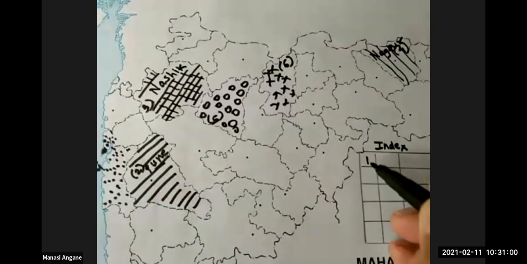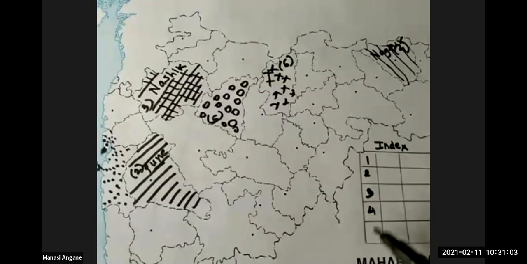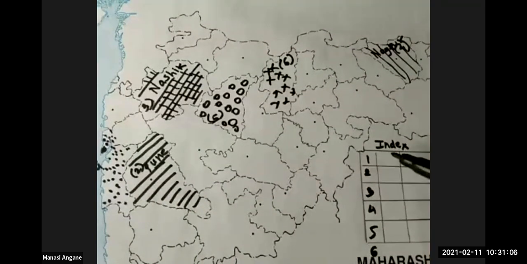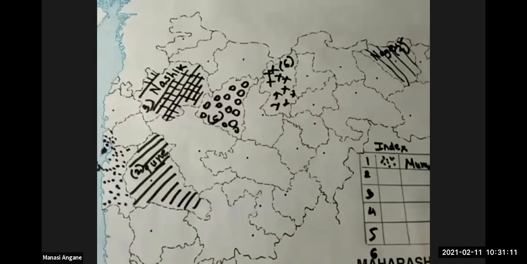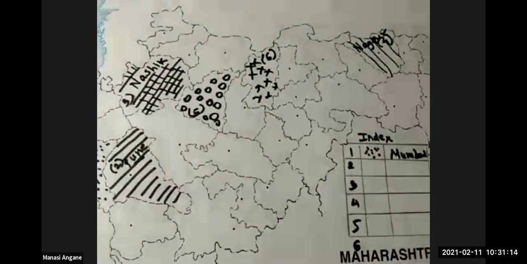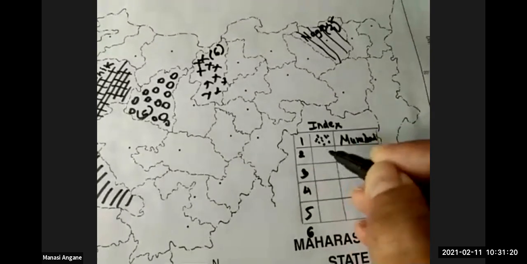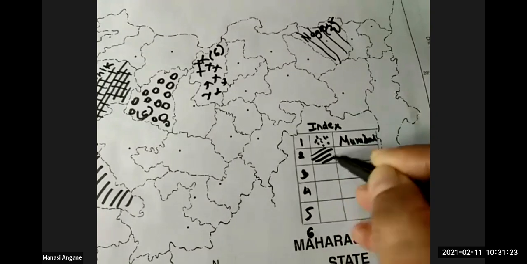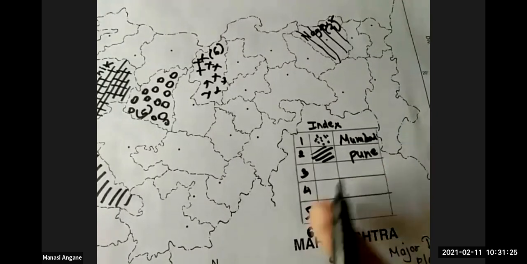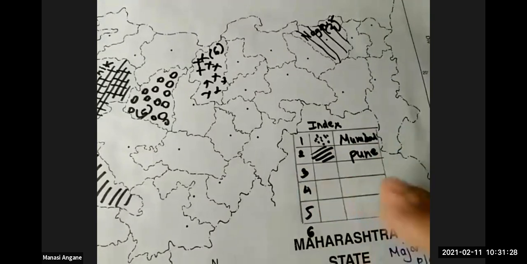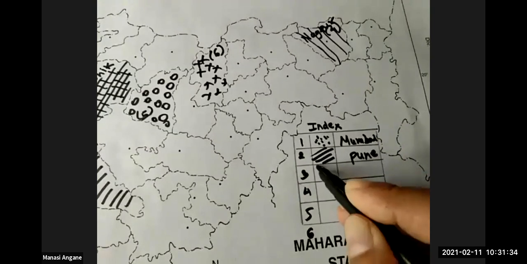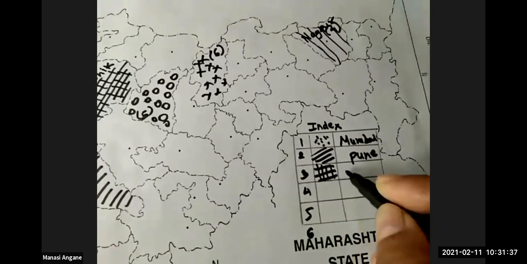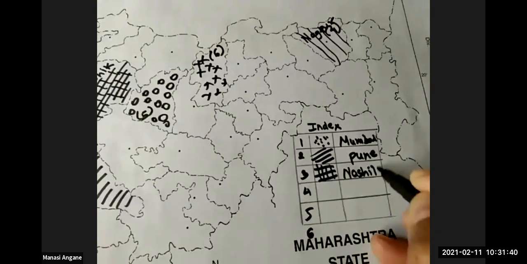Now fill this index 1, 2, 3, 4, 5, and 6. For one, what pattern have you taken? You have taken this pattern, and then you will write Mumbai. For the next, what pattern have you taken? You have taken this pattern, Pune, or you can write one Mumbai, two Pune. This way also you can write. Then the third pattern, we have taken grids. So this is your Nashik.